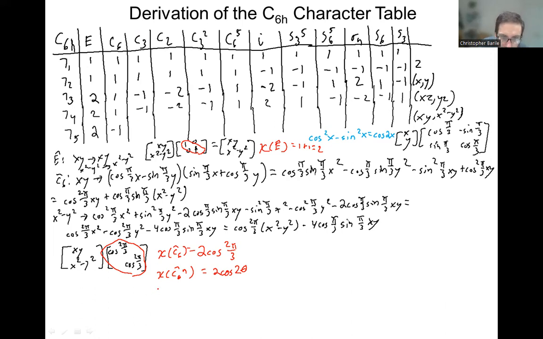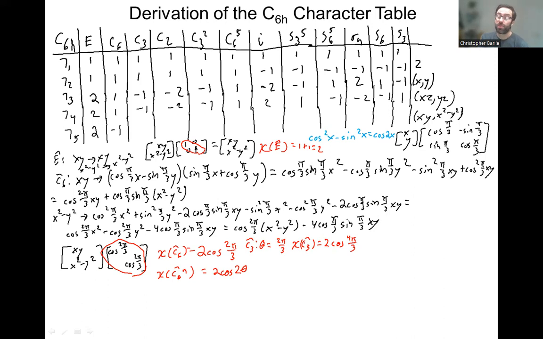What about for C3? That's our next character. Now very quickly we can come up with these answers, right? For C3, theta equals 2 pi over 3. So our chi for C3 is just equal to 2 times cosine of 2 times that, which is 4 pi over 3.